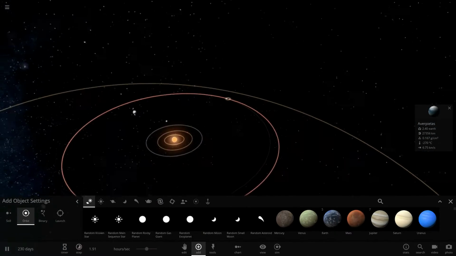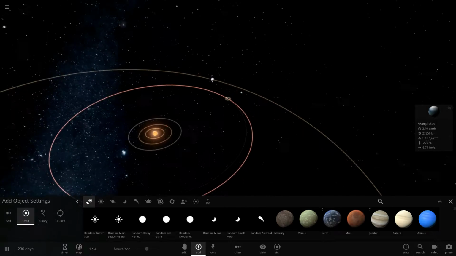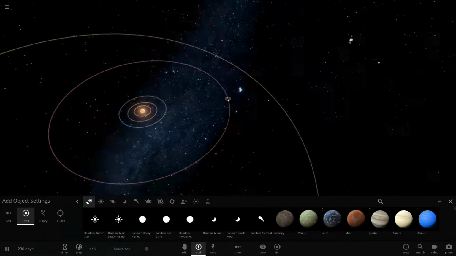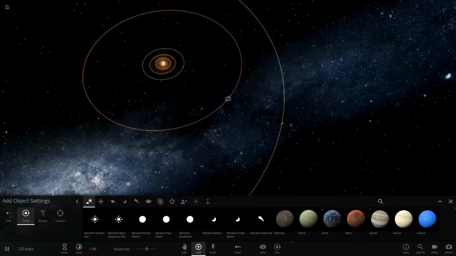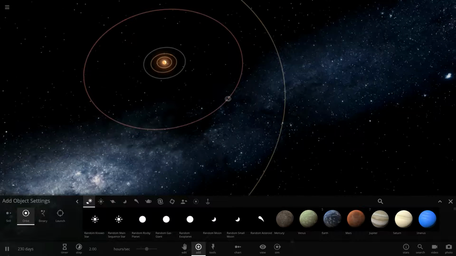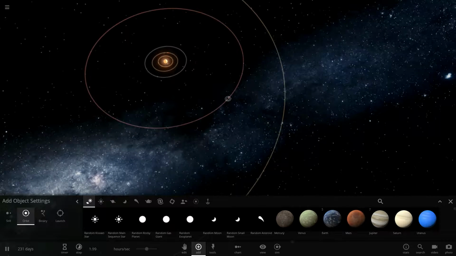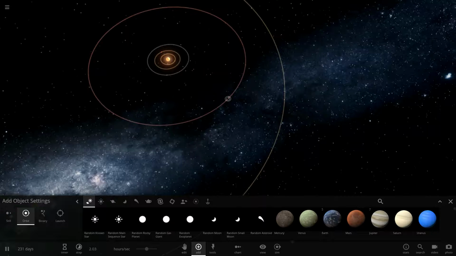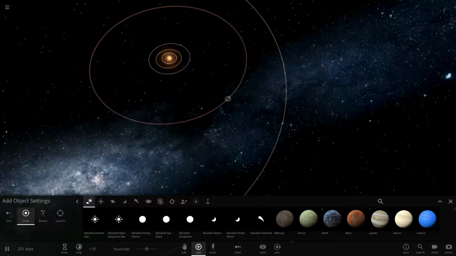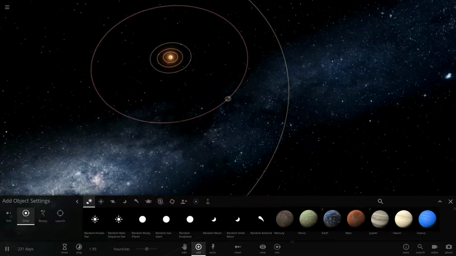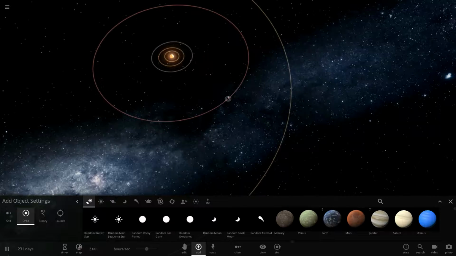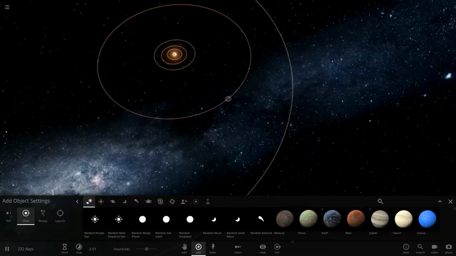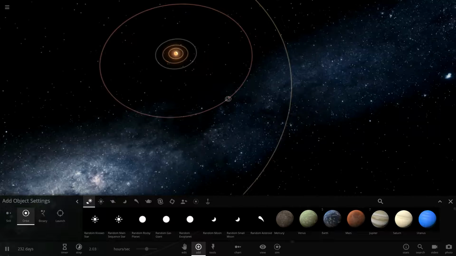it's a captured gas giant, and the reason we can tell is because it orbits in the opposite direction. Now, some of you are probably going to say in the chat, what if it was smacked really hard by something that didn't destroy it but reversed its orbit?